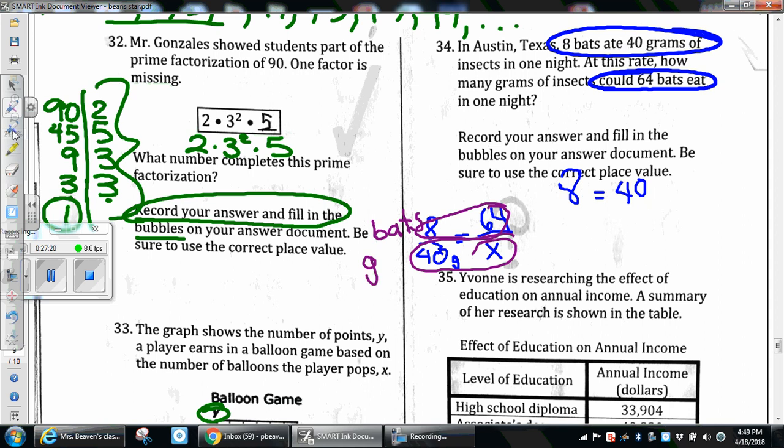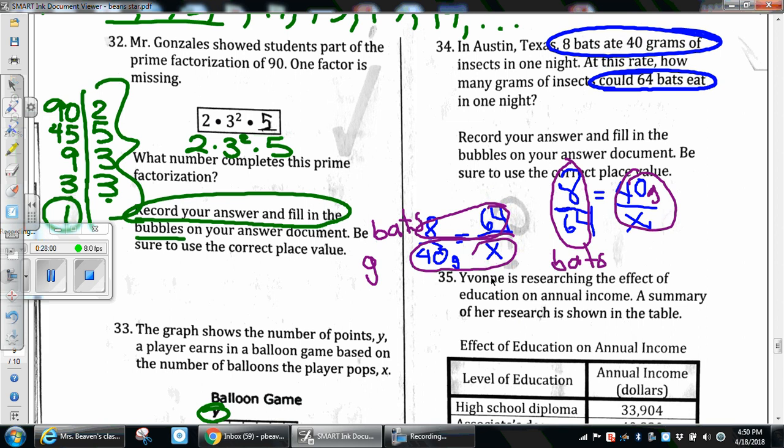Now, if I set up my proportion the other way, like I was going to from the beginning, 8 bats eat 40 grams. So then how many grams of insects could 64 bats eat? So now I'm aligning my number of bats vertically, and then my number of grams of the insects that will be eaten will also be aligned vertically.